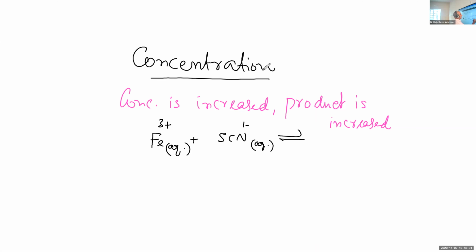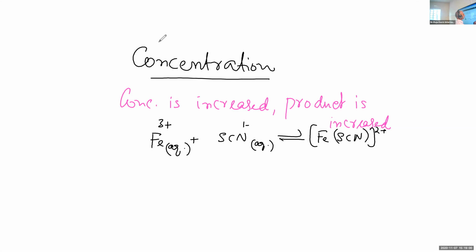And at equilibrium, there is FeSCN, and the charge will be plus 2. That is ferric thiocyanate ion is formed.